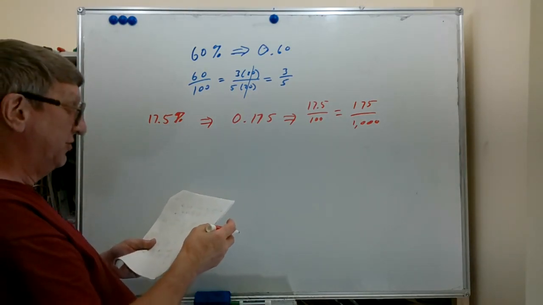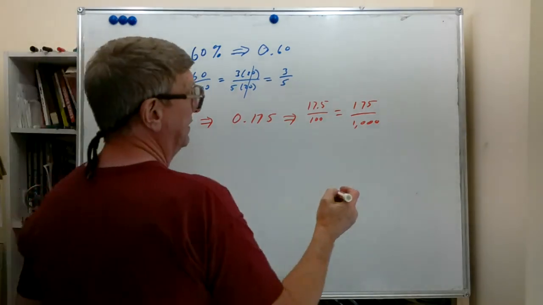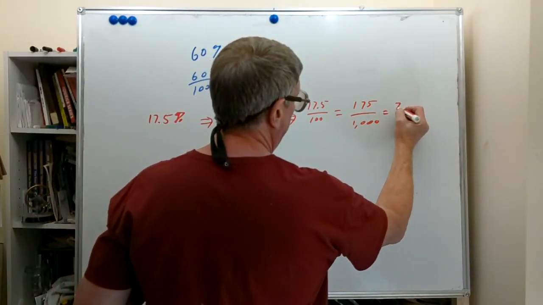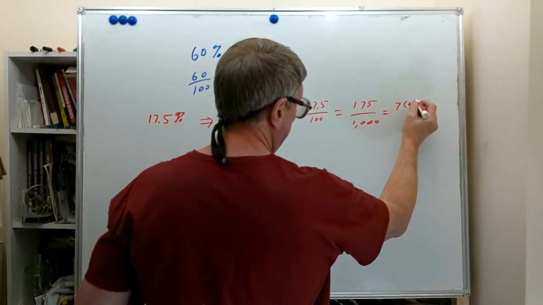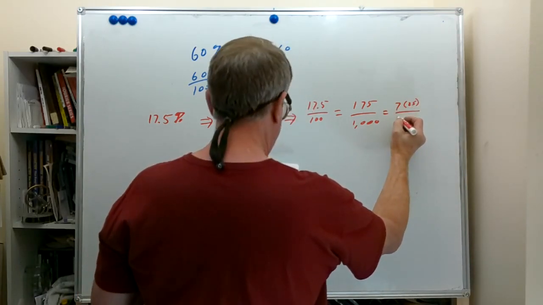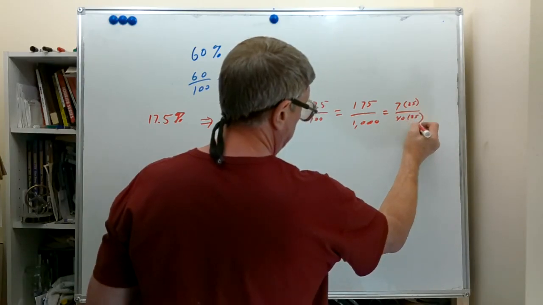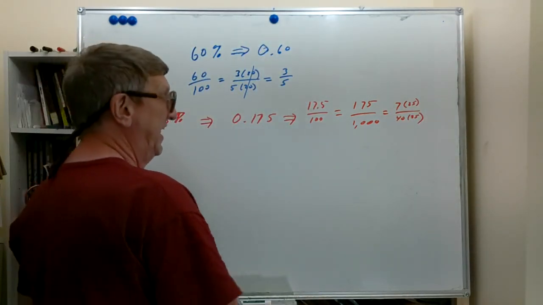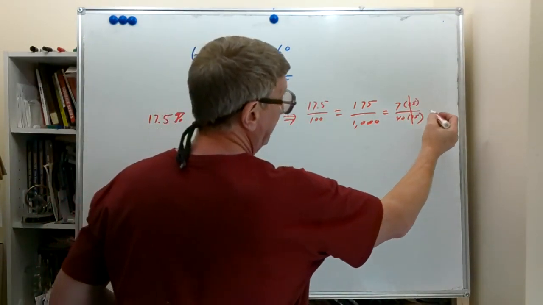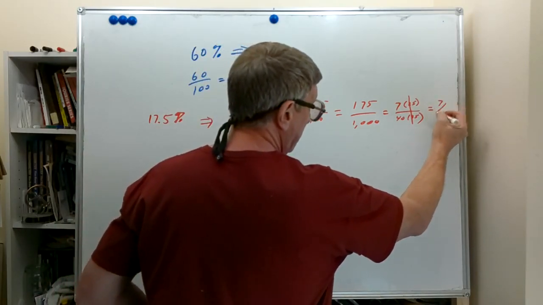This factors out to 175 equals 7 times 25, and 1000 equals 40 times 25. The like factors cancel. That leaves us with 7 over 40.